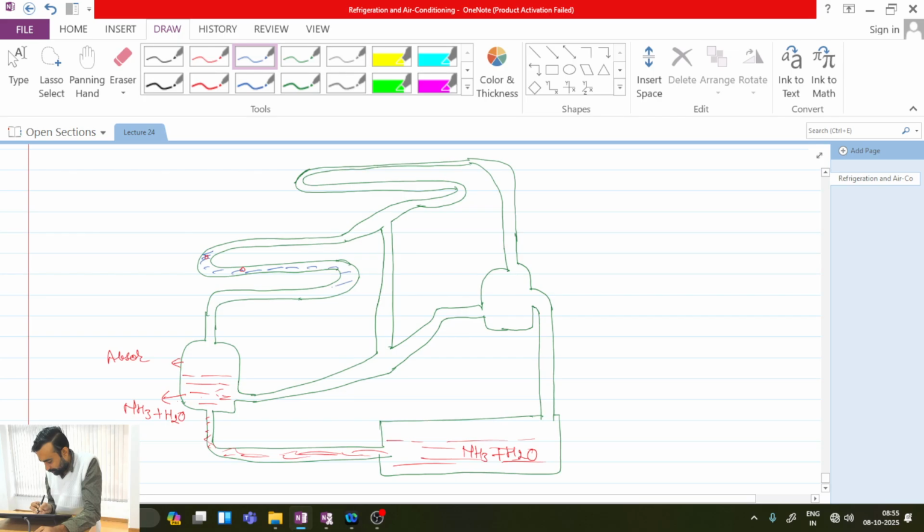Let me draw ammonia in blue. Here also I will have ammonia in the condenser, and here all these will be ammonia vapor. And here I will have water. Hydrogen I will draw with black colored circles.